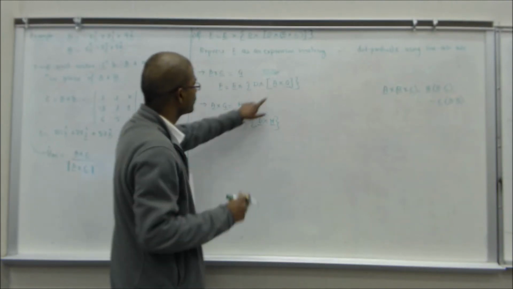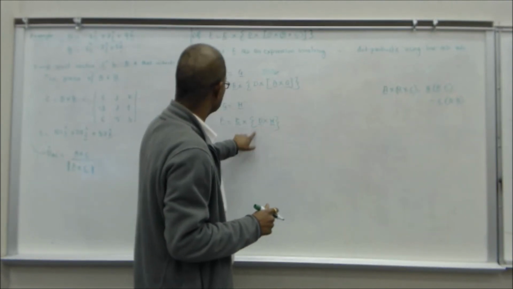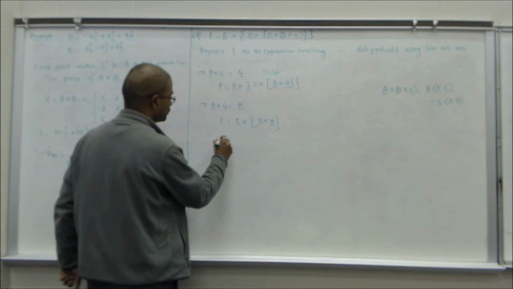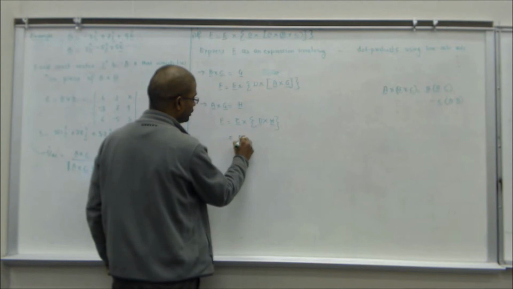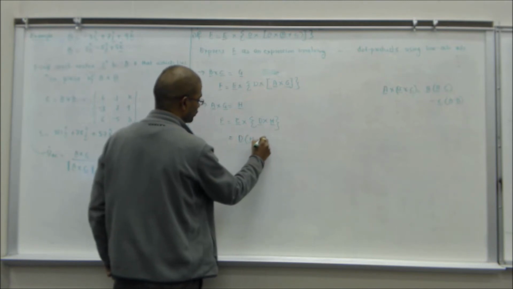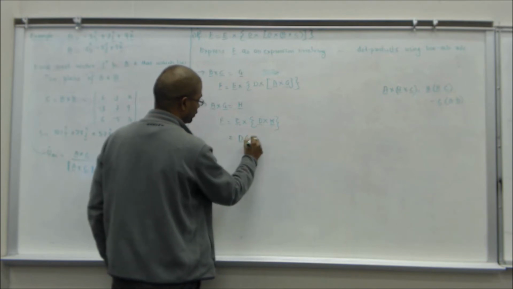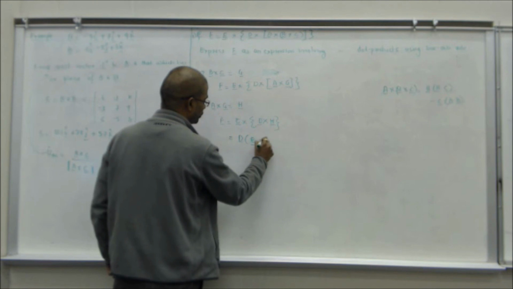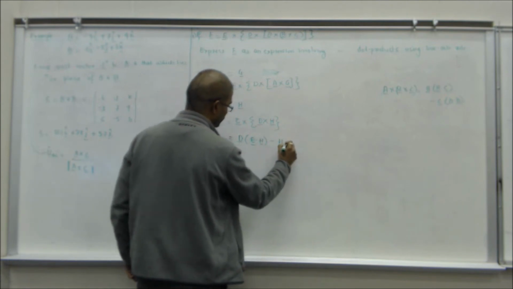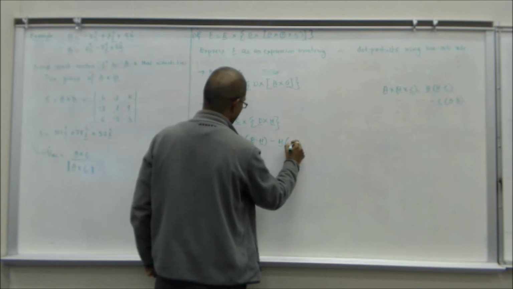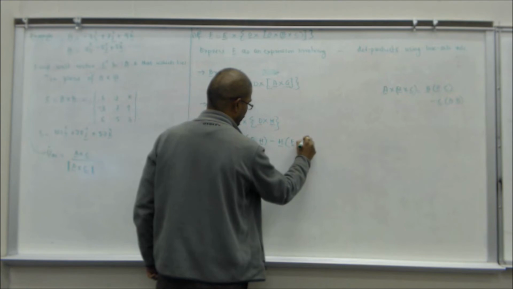So what you do is, what is the expansion of this? It would be B A dotted with AC, right? Dotted with H minus... right.